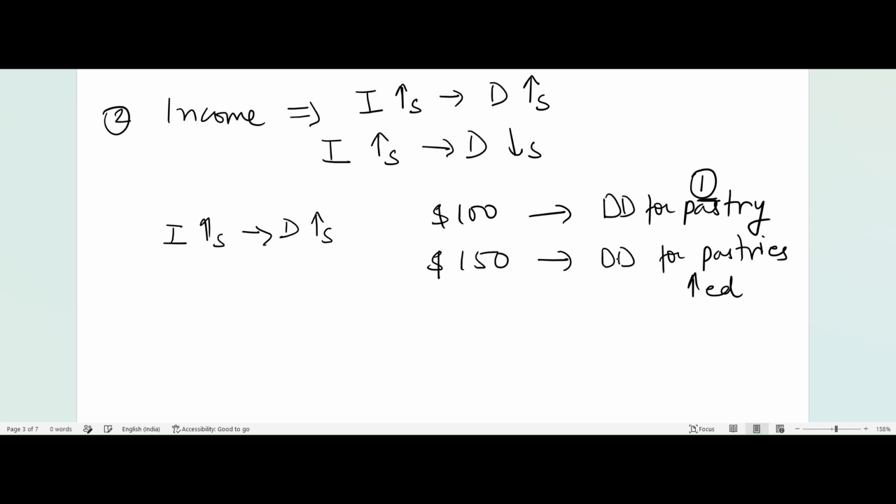From one pastry, I started buying three pastries. So these goods, for which the demand increases as your income increases, are called your normal goods.